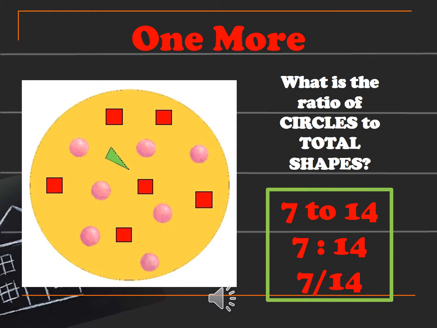All right, hopefully you all wrote that there were 7 circles to 14 total shapes. We should have written that with the word to, 7 to 14 with a colon, and 7 to 14 as a fraction. Good job, you all.